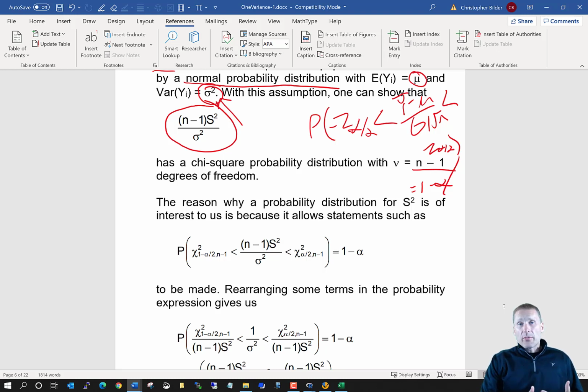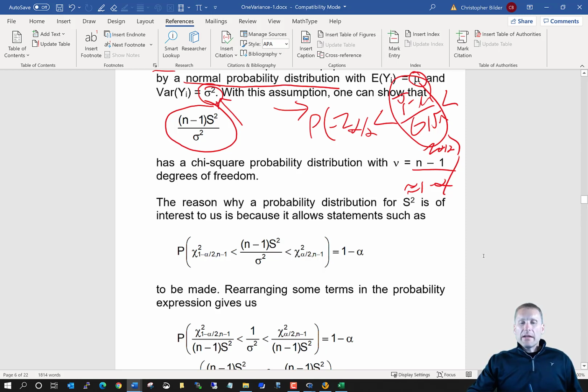We knew its corresponding distribution approximately, and because we knew that probability distribution, we could put one quantile from that distribution on the left, one quantile on the right, and we know the approximate probability that this quantity in the middle was between these two quantiles. We're going to do the same thing here. And if you remember, when we worked with the population mean, this eventually led to a confidence interval. It led us to various inference procedures. Guess what? Same thing's going to happen here.